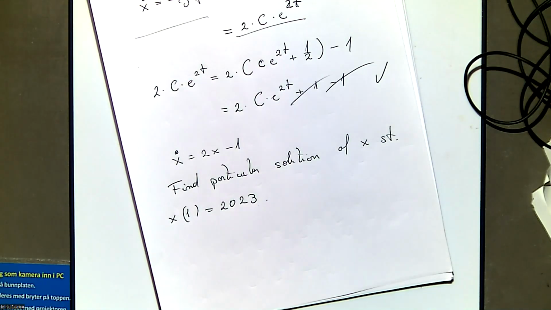Okay? They might just use this phrasing over here. So they're asking for a particular solution of x such that x of 1 is equal to 2023. What do we do?